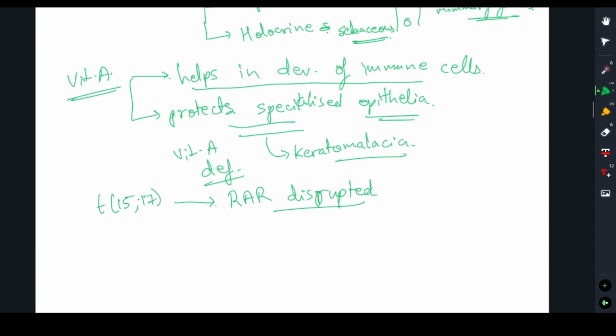As they are disrupted, they hinder the development of immune cells, and you are unable to form proper B cells and T cells, right? Here the cells remain in blast stage, as they are not able to develop into B cells and T cells.